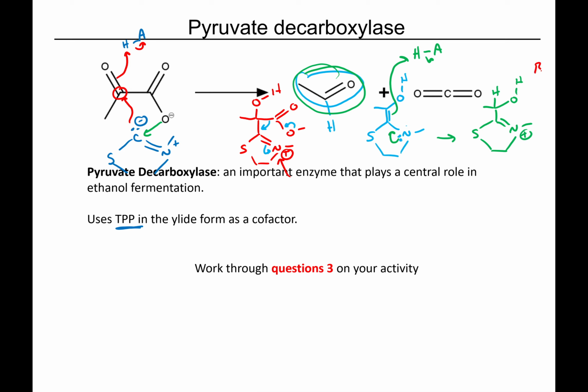We have a general base, which is what is produced right here. This started as a general acid. It now has been deprotonated, so it's going to serve as a general base. We pull the proton off that oxygen, push the electrons down to make our carbonyl, and then these electrons end up making the negative charge, our carbanion, on our cofactor. And we have produced our product, and we are left with the original form of our cofactor.